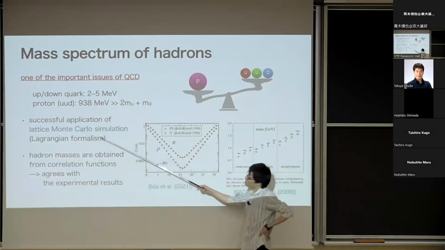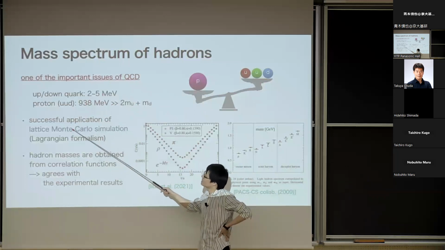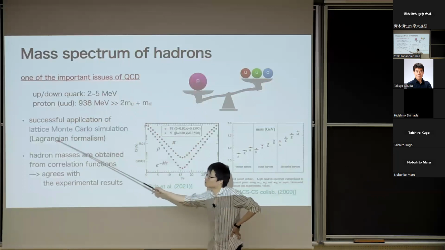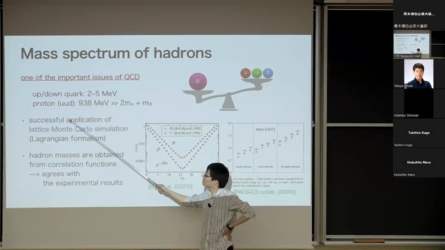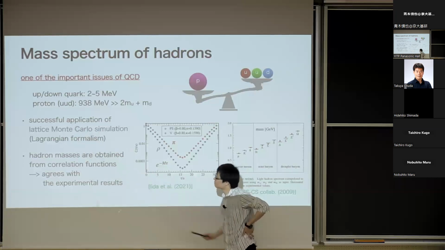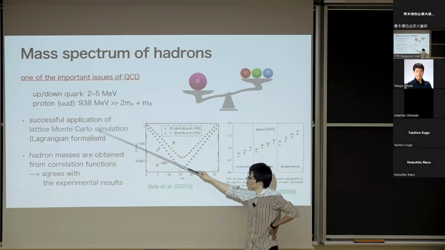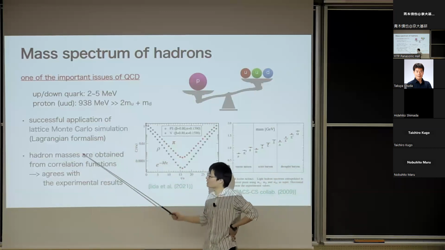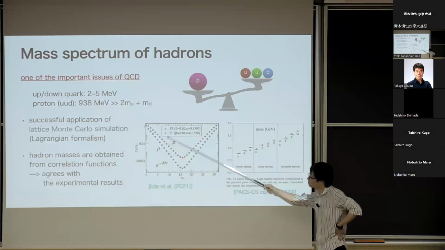This is actually the successful application of the lattice Monte Carlo simulation. It is a well-established non-perturbative method, which is in Lagrangian form. And in the Monte Carlo simulation, the hadron masses are obtained from the correlation function. So this is an example.